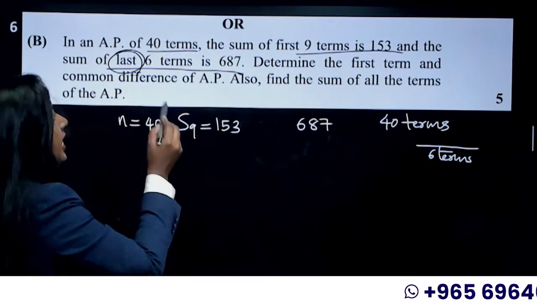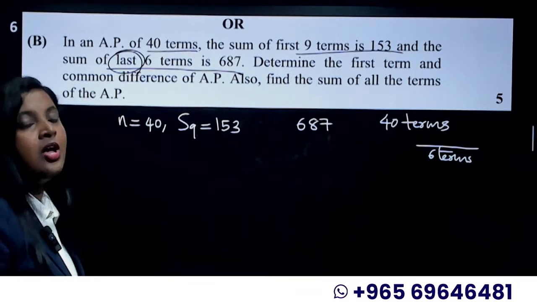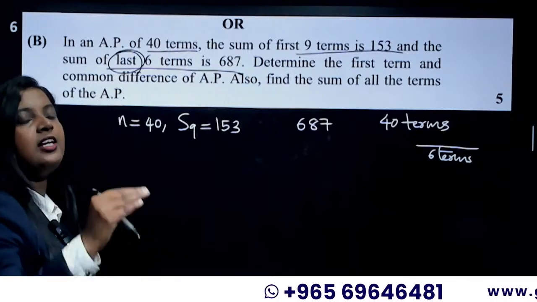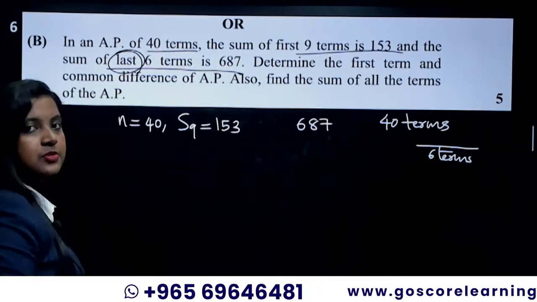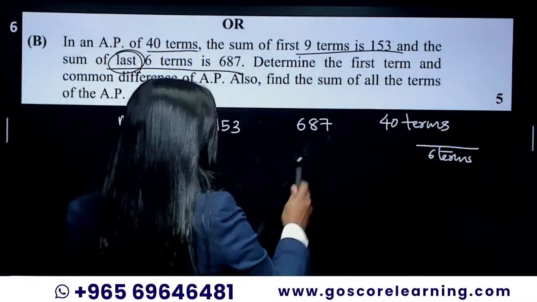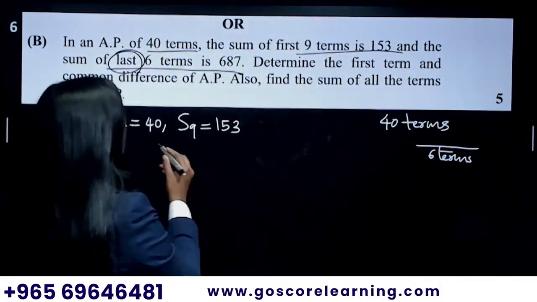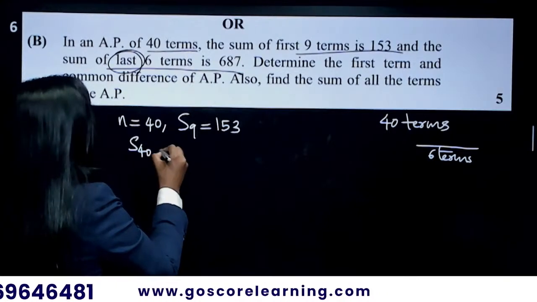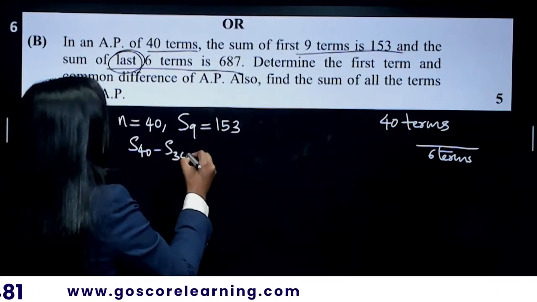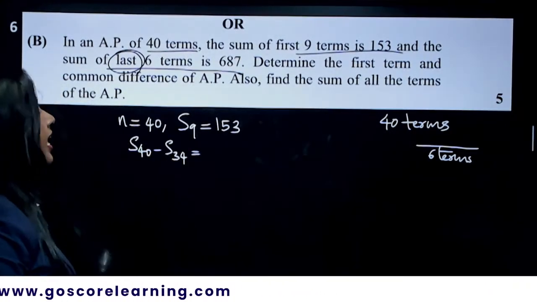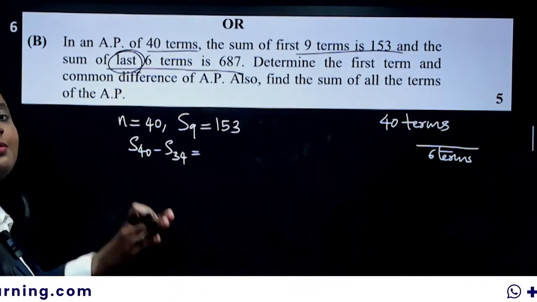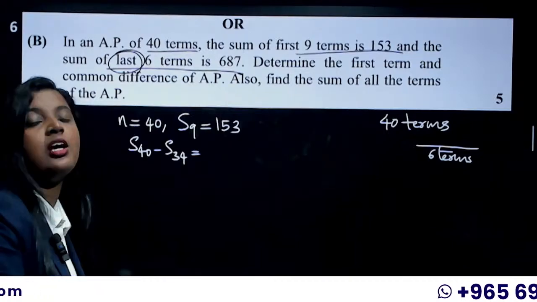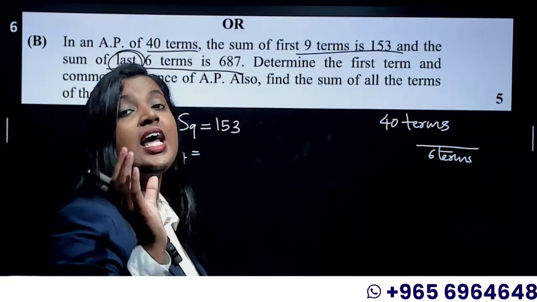Then how this S6 is going to be 687? It's possible if the D is negative, but still, it is given as the last 6 terms. So what is given here is S40 minus S34. Sum of 40 terms minus sum of 34 terms will give you the sum of last 6 terms.